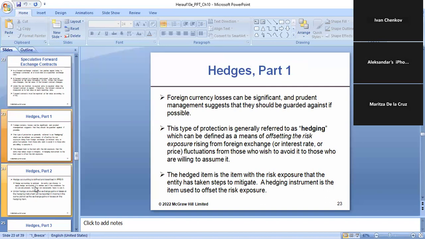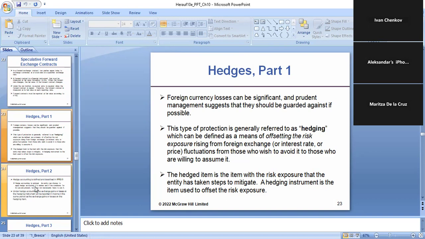The next risk is interest rate. And the third one is foreign currency. So hedging means offsetting the risk. A hedge instrument is the instrument that helps you offset the risk exposure which comes from commodity price, interest rate, and foreign exchange currency fluctuation.